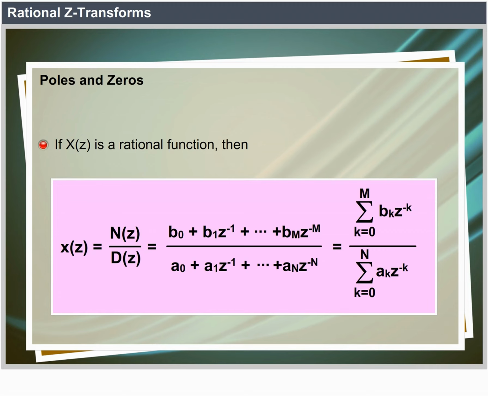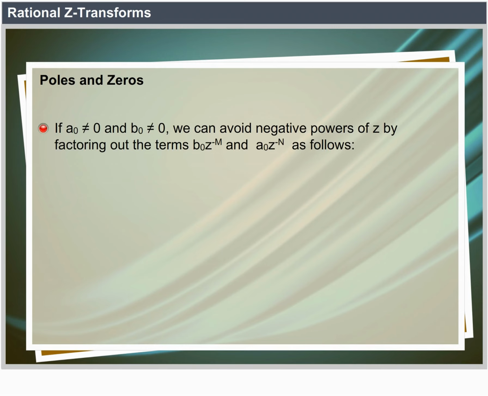If a naught not equal to 0 and b naught not equal to 0, we can avoid negative powers of z by factoring out the terms b naught into z power minus m and a naught into z power minus n as follows.